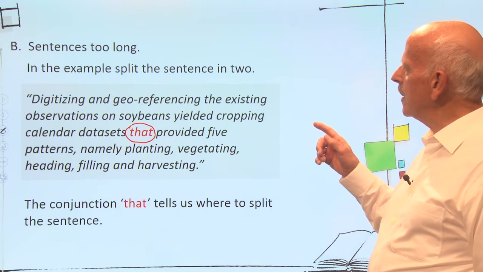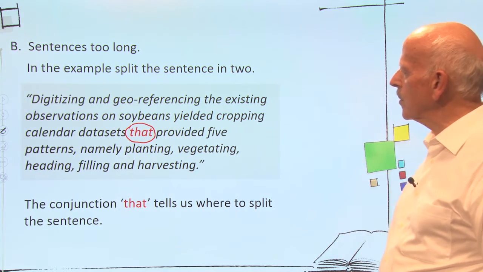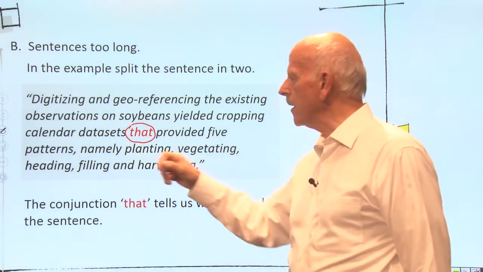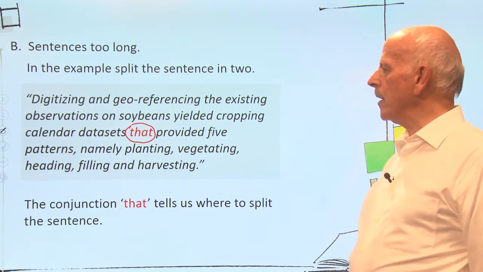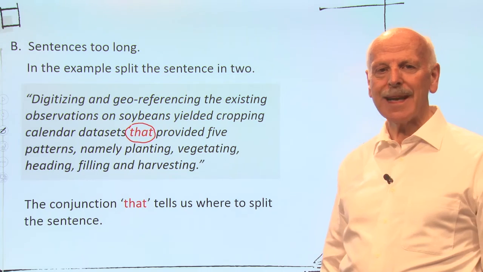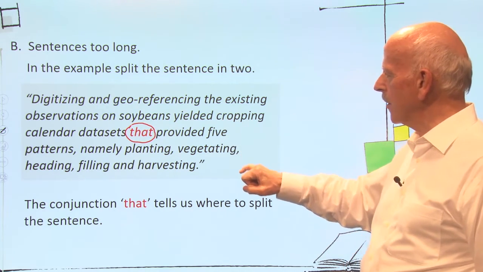So we're told that georeferencing and digitizing the existing observations on soybeans yielded cropping calendar data sets. And then we go on to find out what cropping calendar data sets are, and they are 5 patterns.